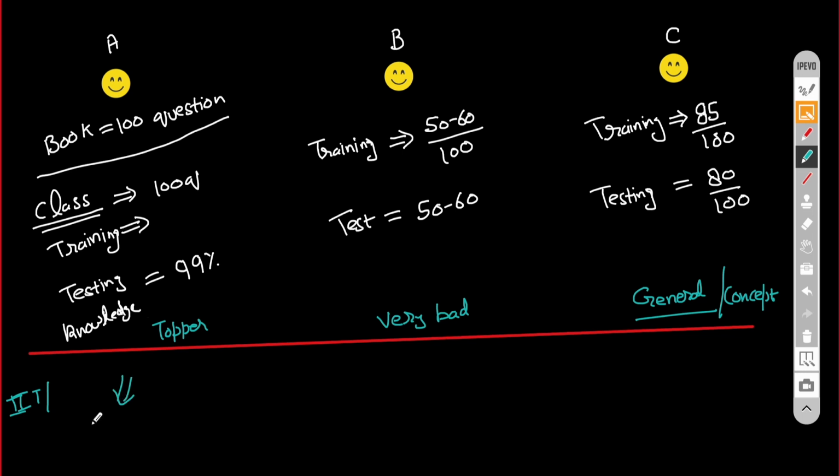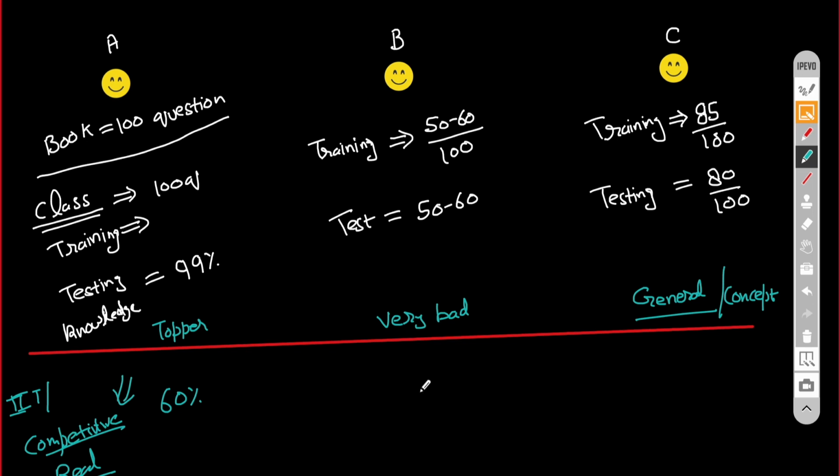When they go to a competitive examination, or when they are asked to do real-time work, they generally do not pass. They get only 60% accuracy, or they never get a very good percentage.